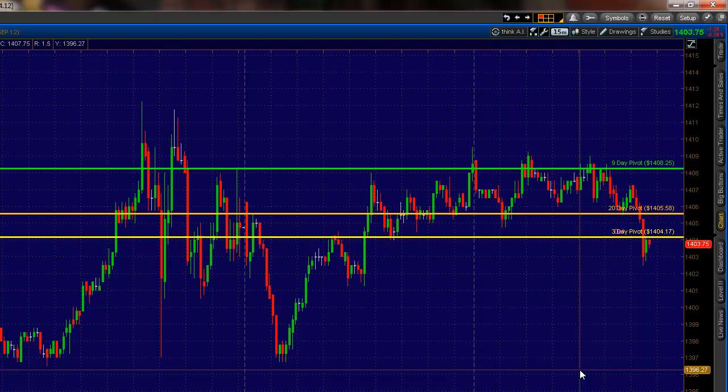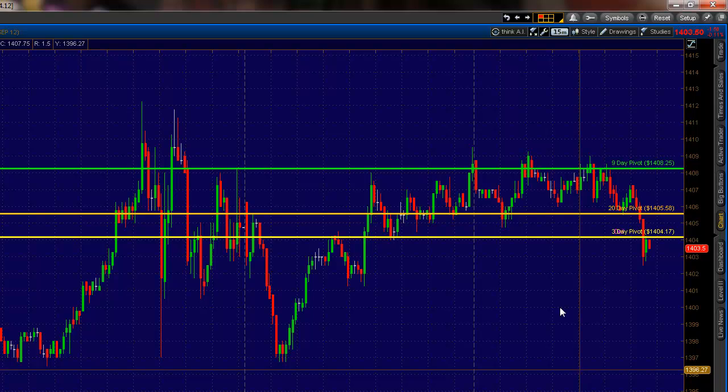So you can play 1404 from either side, long or short, expecting price to move back to that area. If 1404 proves to be resistance as a double top today, or proves to be support as a double bottom at some point, you really need to take note of that as a signal as to what the overall move is going to be for the day, if we even get an overall move for the day.